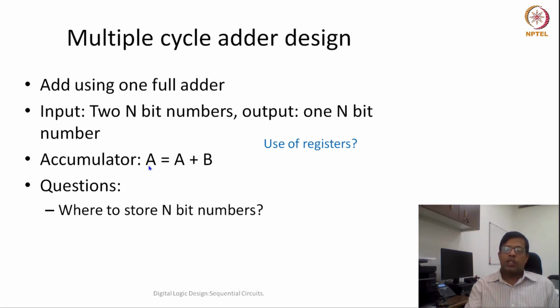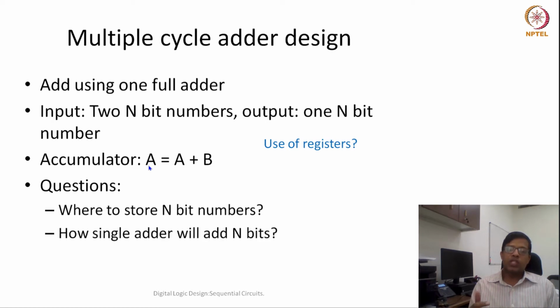So we can store A and B in registers. The other question is that the adder is a single bit adder, and we would like to add these n-bit numbers. Most likely, we would add bit by bit: bit number 0, then bit number 1, then bit number 2, then bit number 3, and so on. That means all these bits would probably be multiplexed to our full adder.